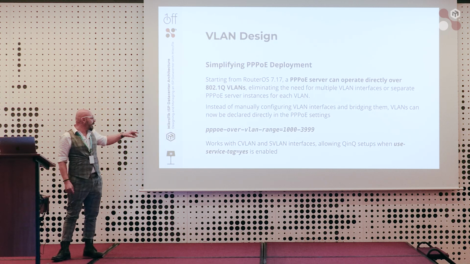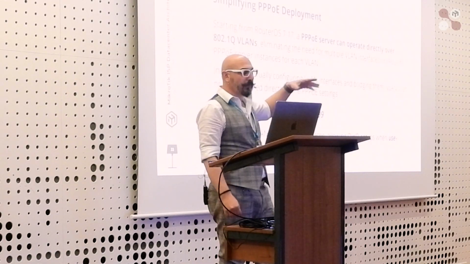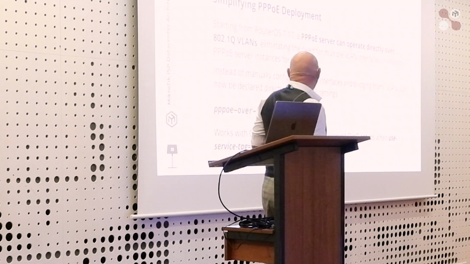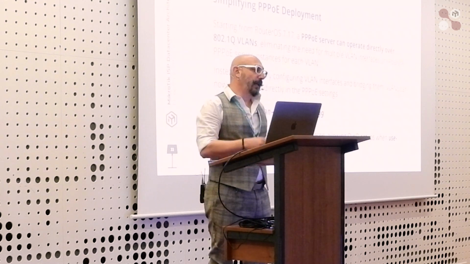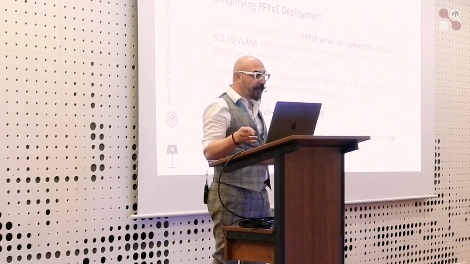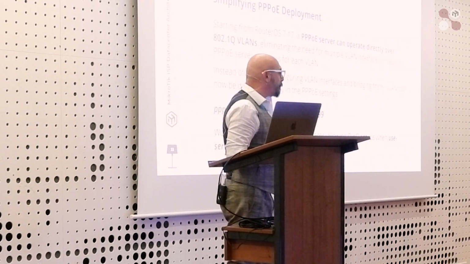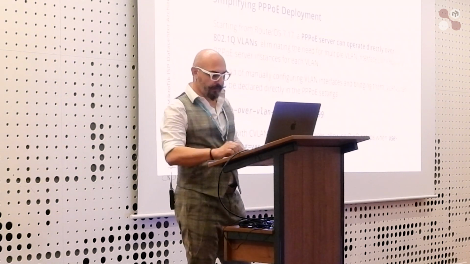The PPPoE server can work in a VLAN range from, let's say, 1,000 to 3,099. And in this case, we don't need to configure each single customer VLAN, bridge them together, or put a PPPoE server on each customer VLANs. No more.